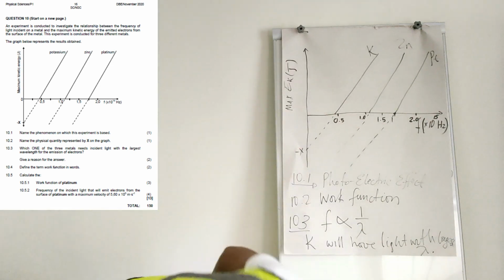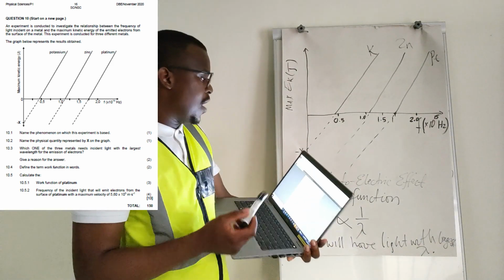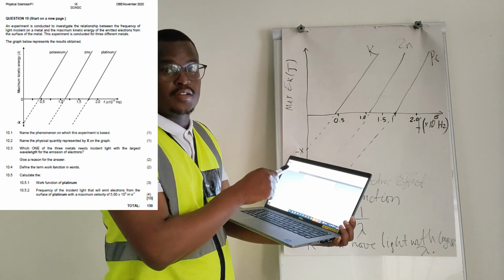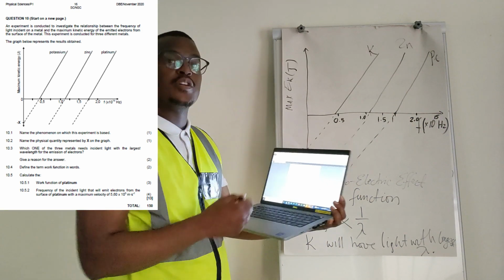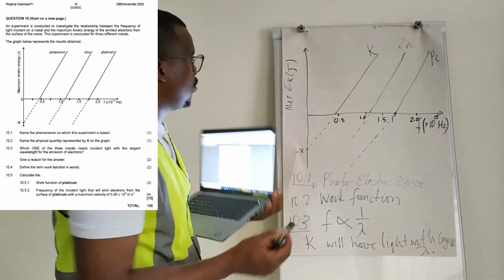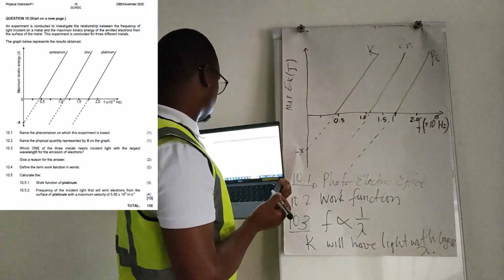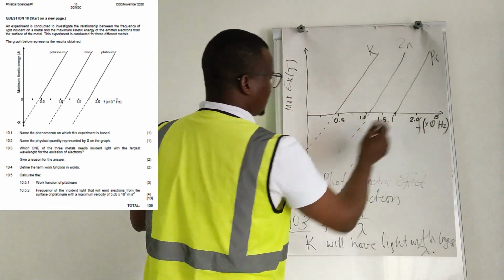I'll look at it on your drawings, on your question paper. So there's a small dot here of some sort. There's another one here. There's another one there.